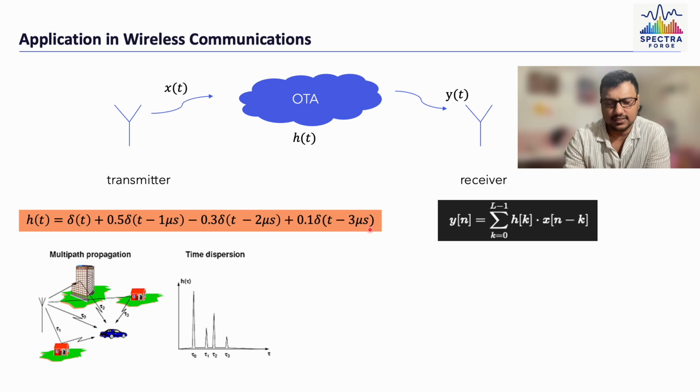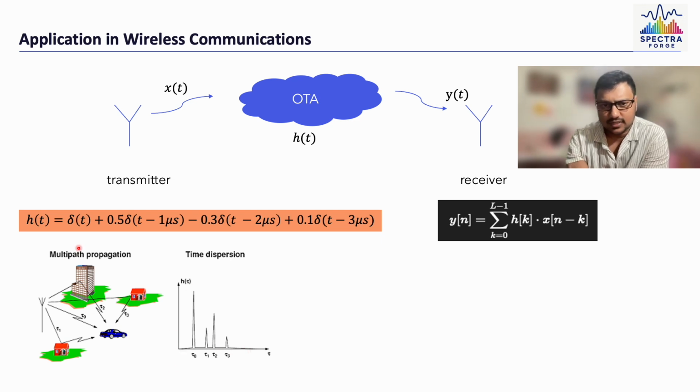These are microseconds. So what does it mean? This is called the impulse response of the over the air channel h of t. This is how a typical impulse response looks, shown graphically here. Each spike can be treated as an impulse, so you have a sequence of impulses, and this is called the impulse response.